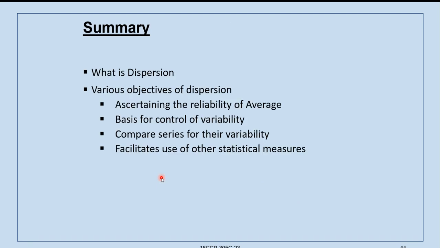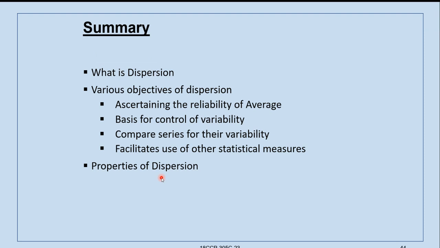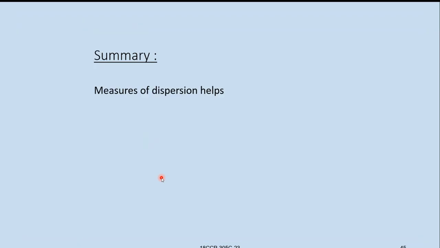So quickly summing up, what is dispersion? Dispersion is variation, scatterness. Objectives of dispersion, like ascertaining the reliability of average, basis for control of variability. We have seen all these things in detail. Objective 1, objective 2, objective 3 with examples we have seen. And we have also seen properties of dispersion.